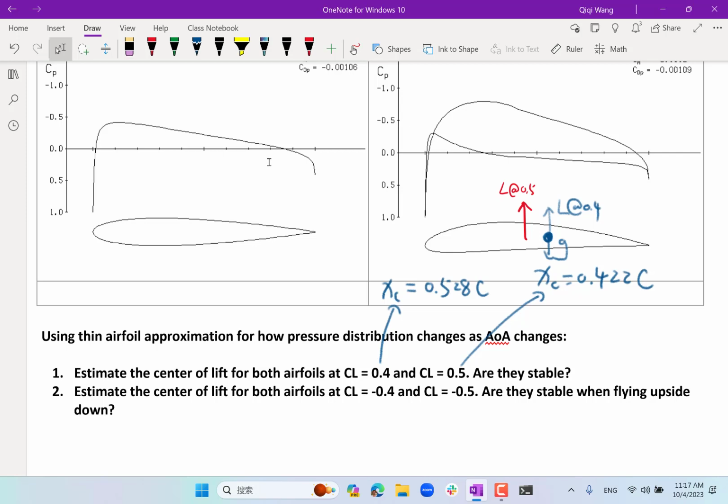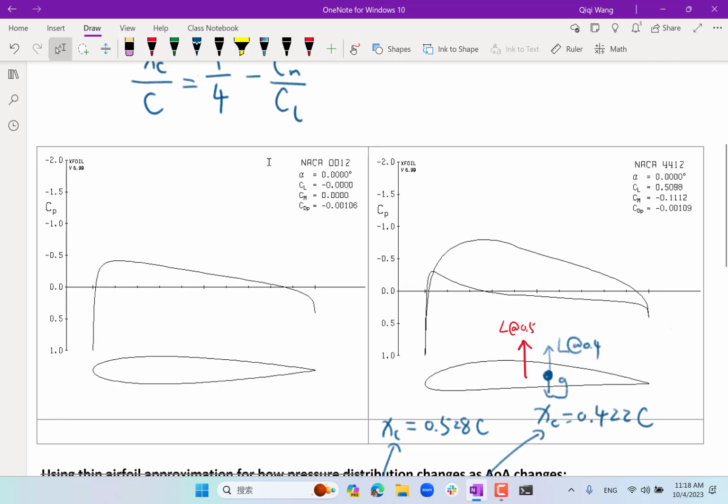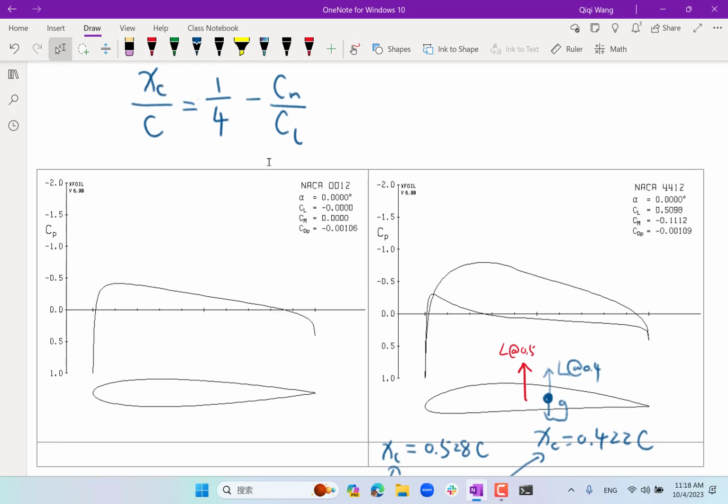So we get a neutrally stable configuration here. The center of lift doesn't change. But how about this one? What is the center of lift at minus 0.4 and minus 0.5?